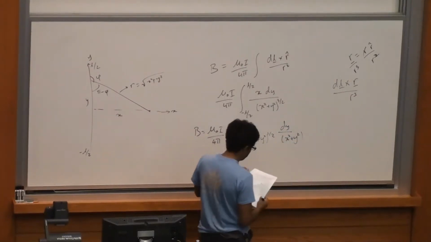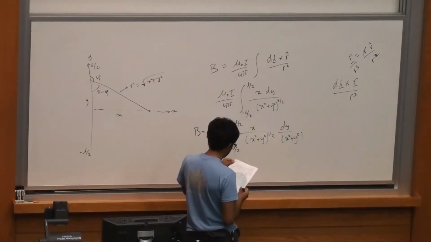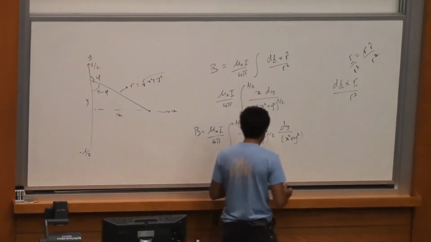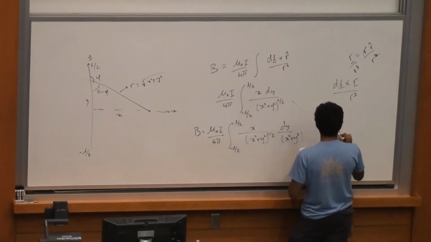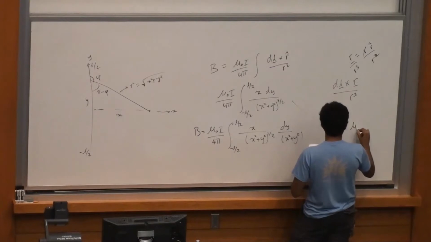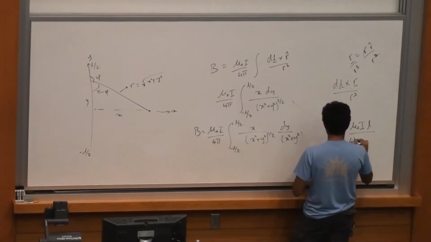So the integral form, I believe, is given to you there. So you apply the form and you get B equals mu naught I L over 4 pi square root of x squared plus L squared over 4.